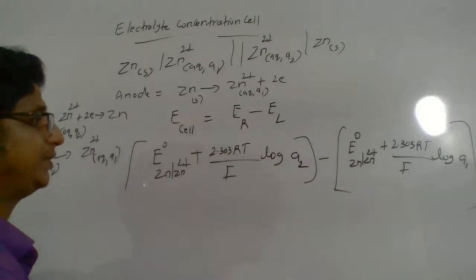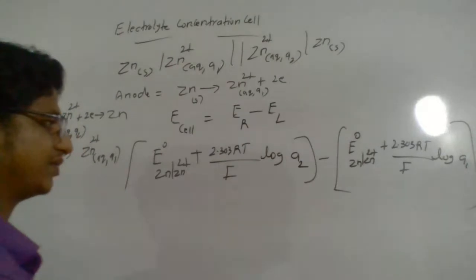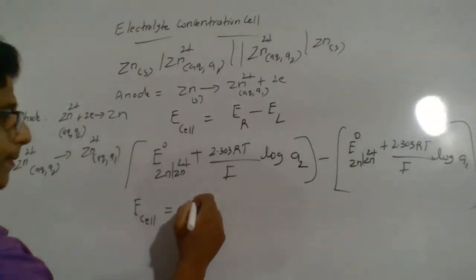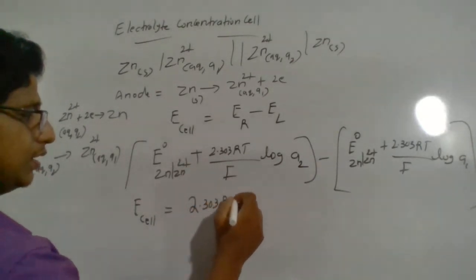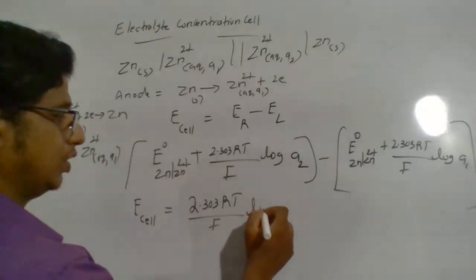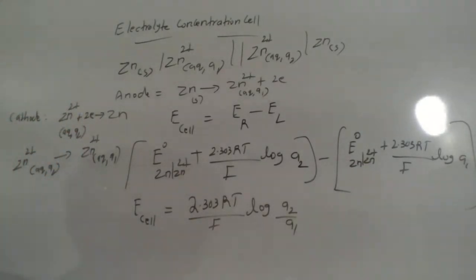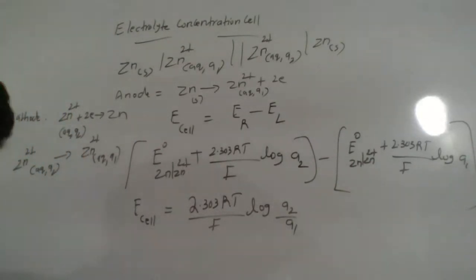So the net will be 2.303 RT log A2 minus log A1. So E cell will be equal to 2.303 RT by F log A2 by A1. So generally you can represent an electrolyte concentration cell without transference, where A2 has higher concentration and A1 has lower concentration, the EMF of the cell will be 2.303 RT by F log A2 by A1.